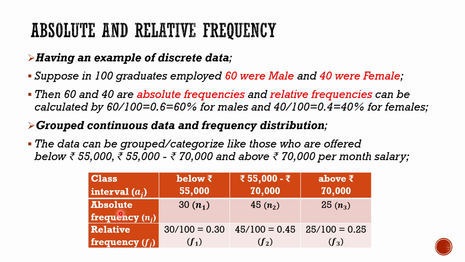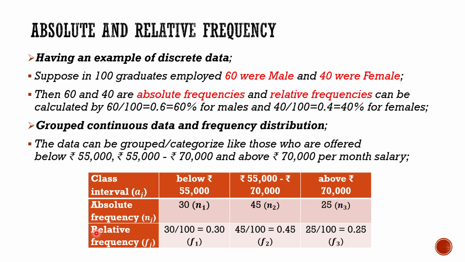Then we have absolute frequencies nj. What j is here is the number of classes, and n1 would be the absolute frequency for class 1, n2 would be the absolute frequency for class 2, and n3 would be the absolute frequency for class 3.